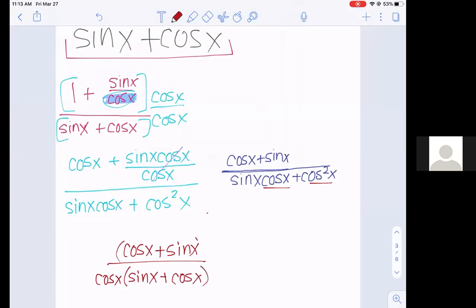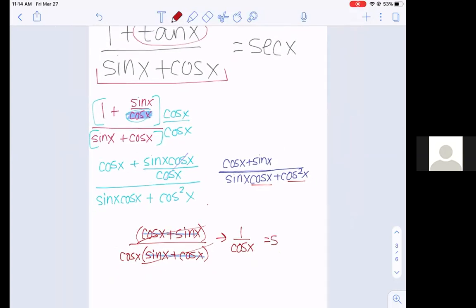Okay, if you notice that this and this, they both have the same signs, so I can actually cross them out. And I'm left with 1 over cosine, which is just secant. Okay, so secant x equals secant x, and we have verified.